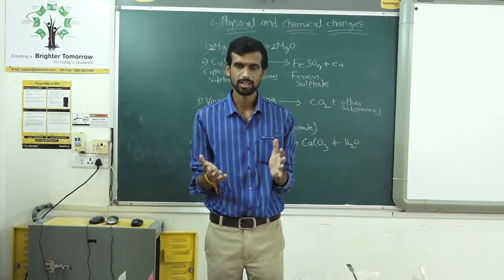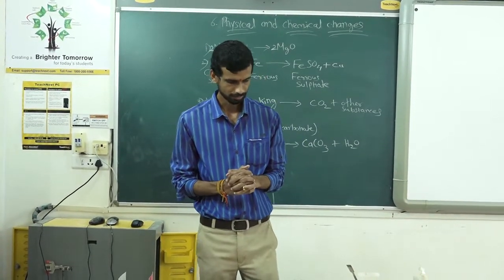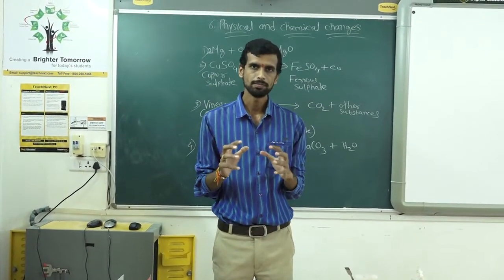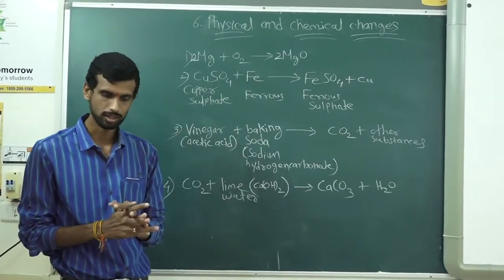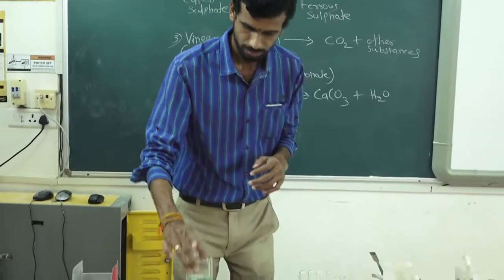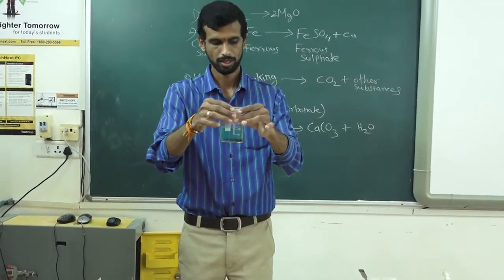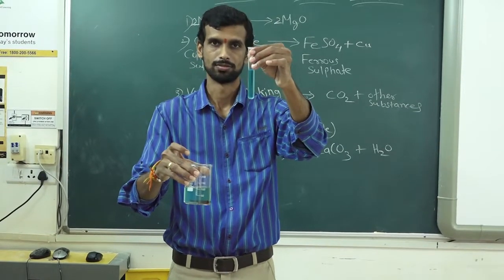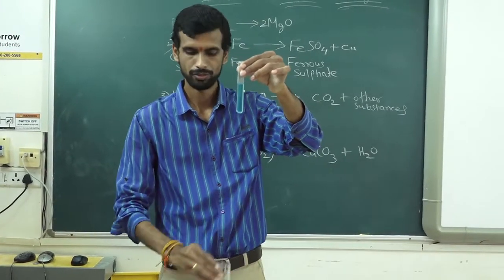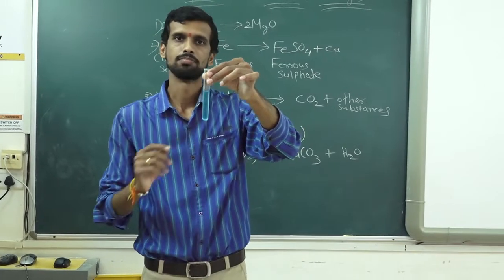Now what is the activity? The activity is that we have to add copper sulfate into water, as I have done here. What I have done first, I have prepared a copper sulfate solution with the help of copper sulfate powder.